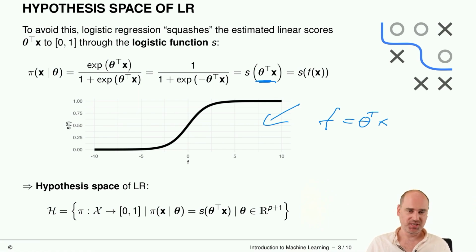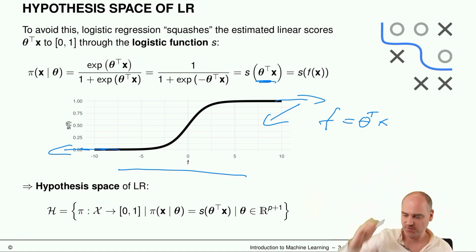Okay, terminology, sigmoidal function. What does that mean? Sigmoidal function means S-shaped function. And you can see that this function here pretty much looks like an S, right? Sigmoidal usually has slightly different definitions, but here what I mean is a function which is monotonously increasing, and it goes to 0 when the input goes to minus infinity, and it goes to 1 if the input goes to plus infinity. Yeah?